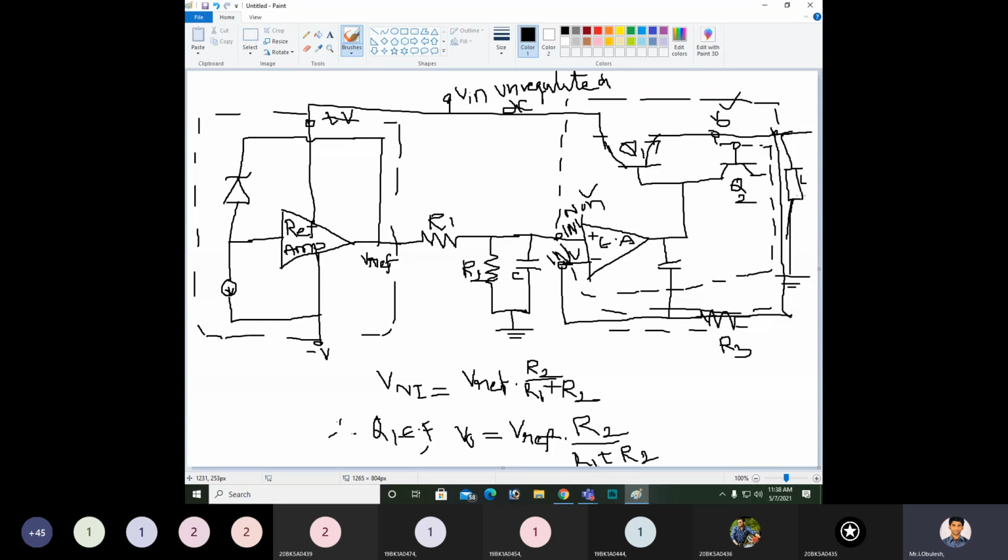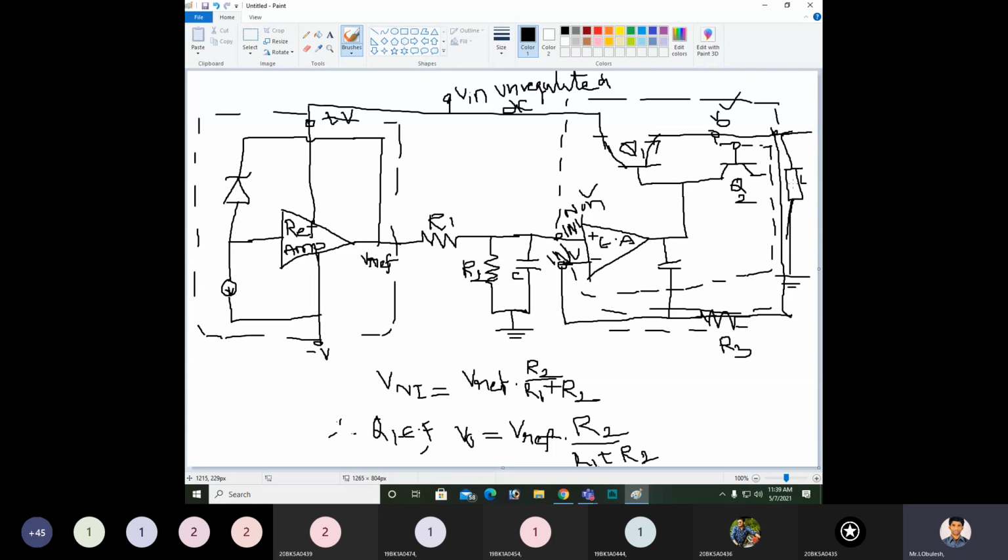Similarly, if there is any increase in the load, what will happen? The changes in the input voltage get regulated. Once it is regulated, there is no change.